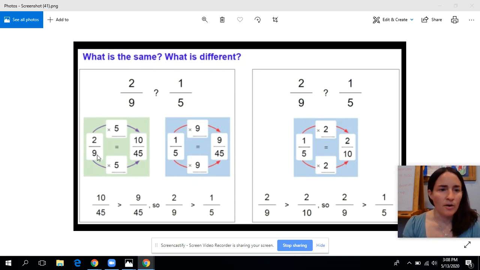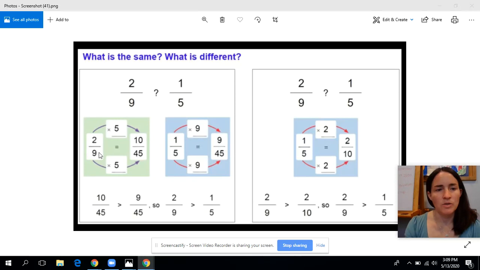So on this side, this set of work over here, we have our 2/9 and we have our 1/5. And it looks like they are trying to figure out an equivalent fraction for both of those fractions. And the reason I know that is because they're multiplying both the numerator and the denominator by the same number. So 2 times 5 equals 10, 9 times 5 equals 45.